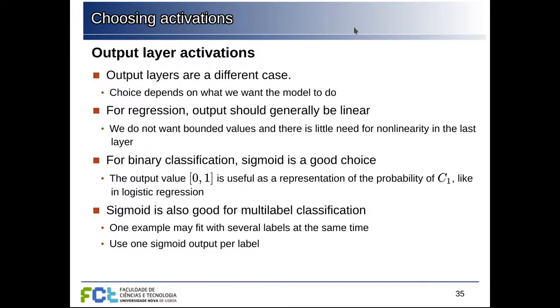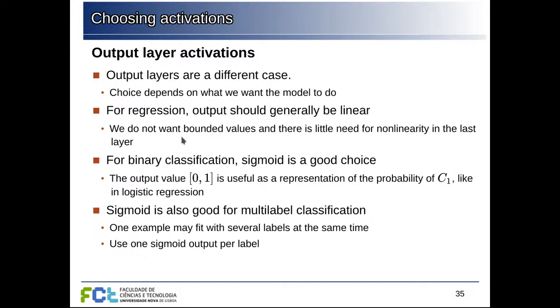We want it to be able to adjust the values to whatever values we're trying to predict. So in a regression problem, we do not even want an activation function in the last layer. The last neuron should only have that linear combination of the outputs of the last hidden layer, and then output the weighted sum of those inputs.